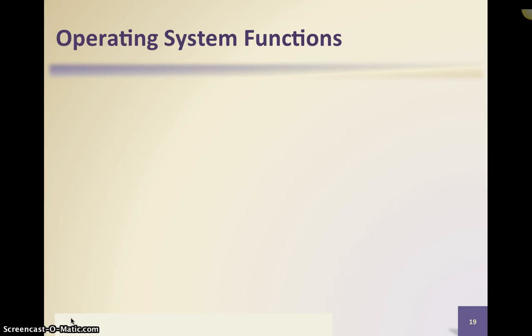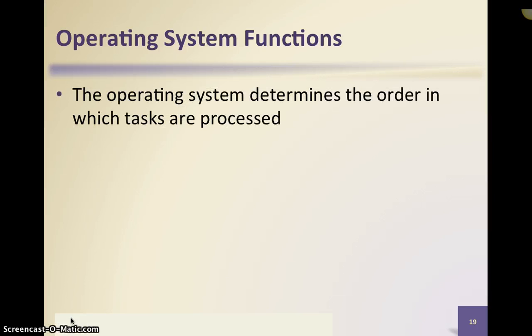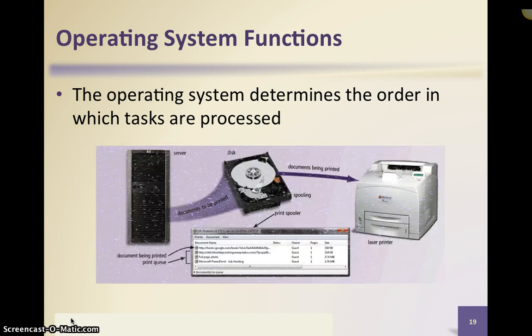Okay. The next thing that it does is determine the order in which tasks are processed. If there are multiple things going on in the computer, it's the operating system that determines what task is going to be performed when and how. Do we receive the information out of storage first?